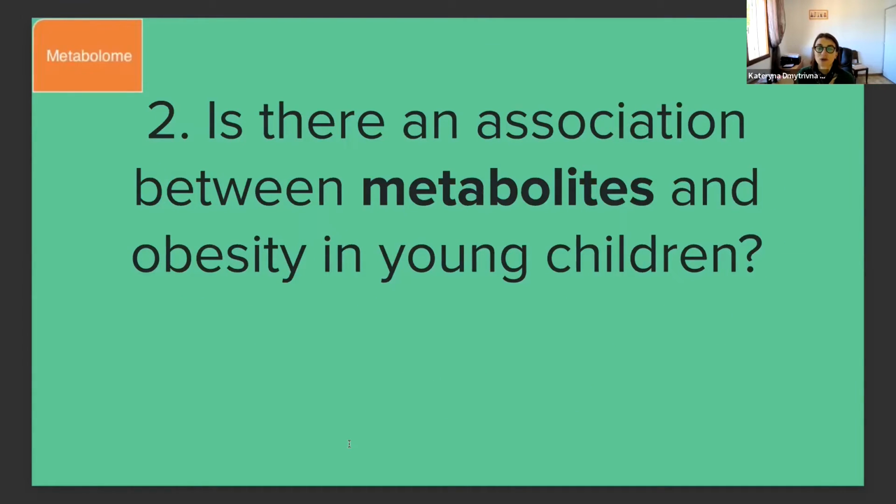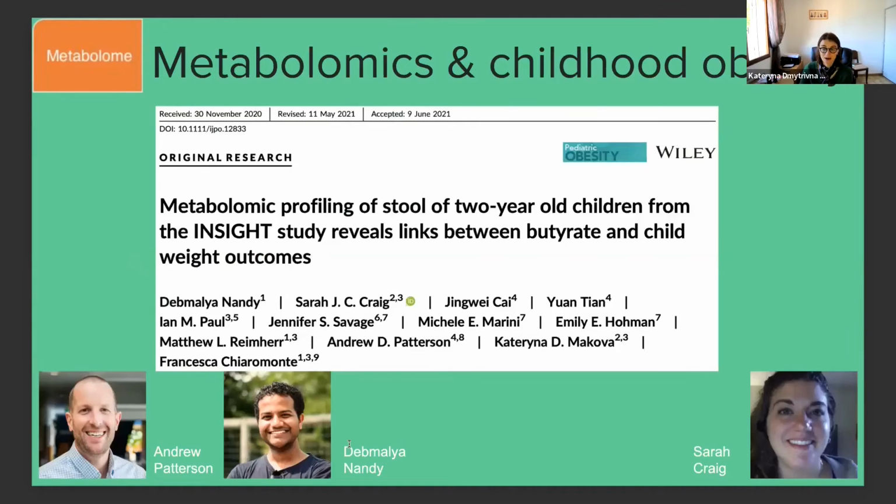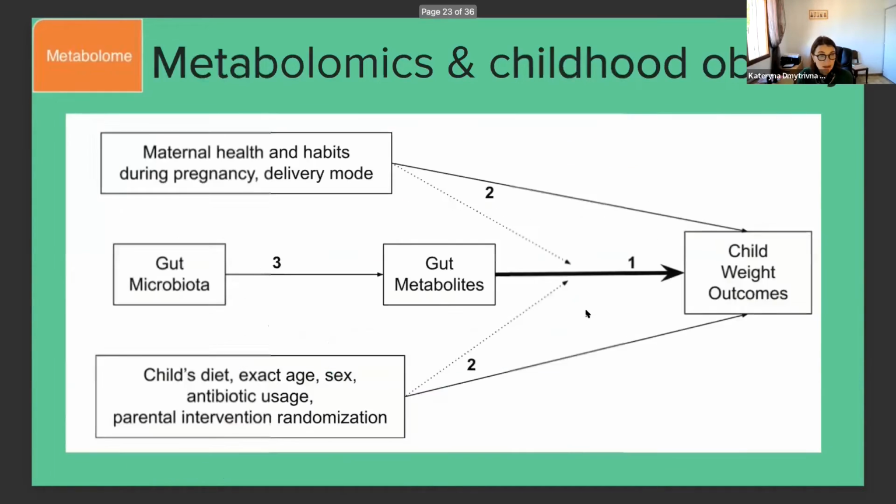And we next wanted to investigate whether there is an association between metabolites, between the metabolomics and obesity in young children. And this work was done in collaboration with Andrew Patterson and was recently published in Pediatric Obesity. So here, we really are interested in how the gut metabolites are influencing the child weight outcomes.